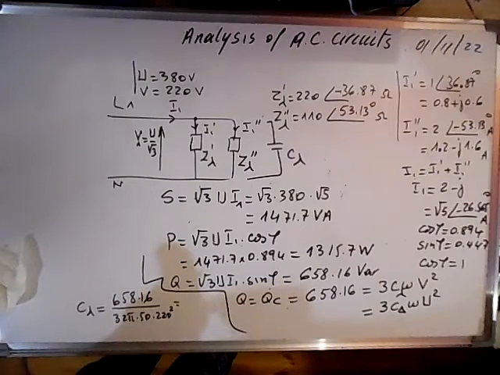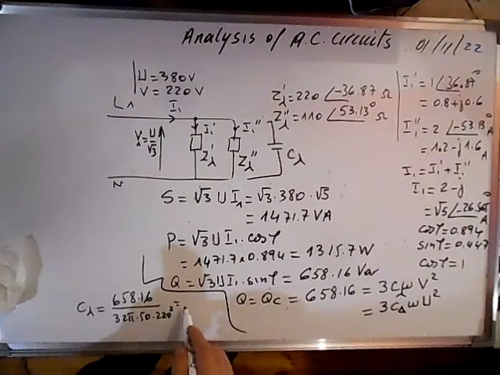658 divided by 3 divided by 220 divided by 220.